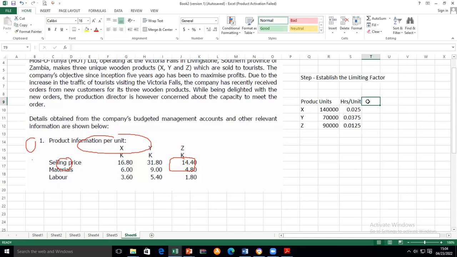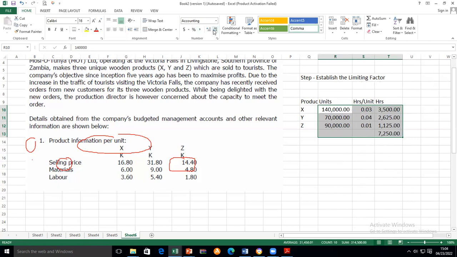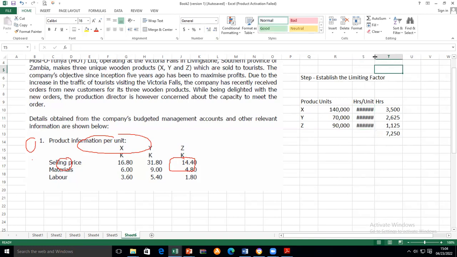Let's look at the number of hours that we need. Let's multiply by that. There we are.